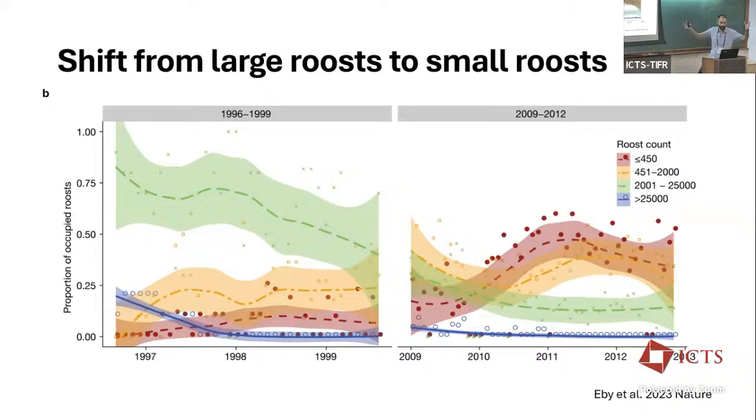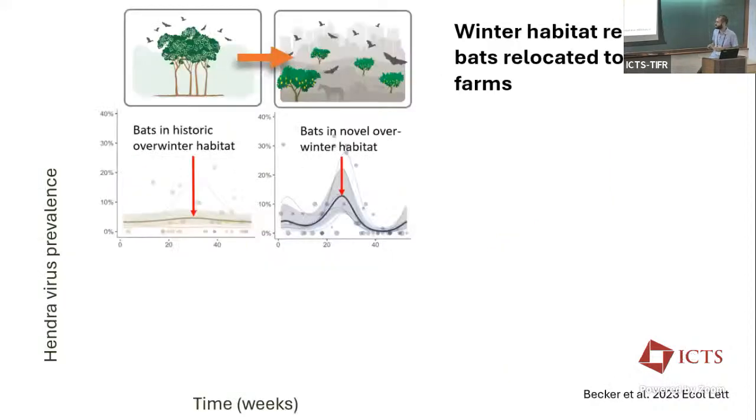So what we say is there's been a fissioning process. They used to live in these giant unified colonies, but they've spread out and they're no longer nomadic, they're more resident in these backyard farms in agricultural areas.